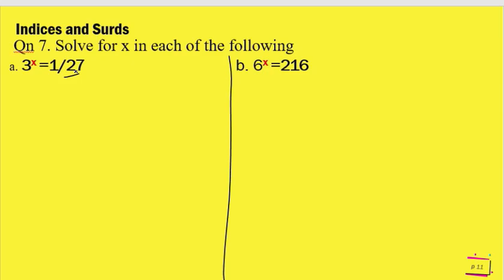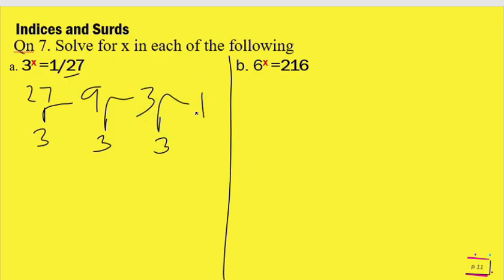So therefore this will be 27. You divide by 3, that is 9, divide by 3 you get 3, dividing by 3 you get 1. So this can be written as 3 power 3.